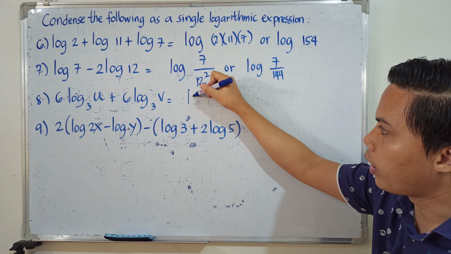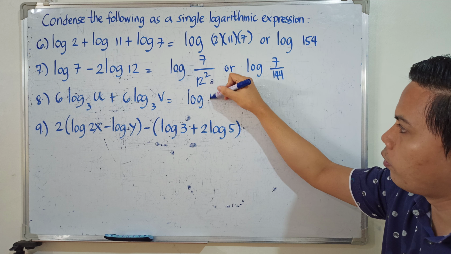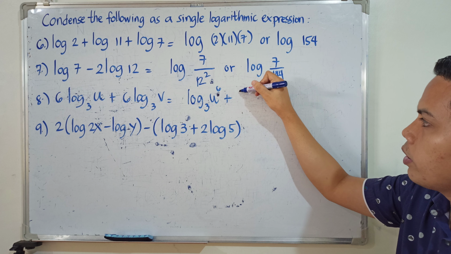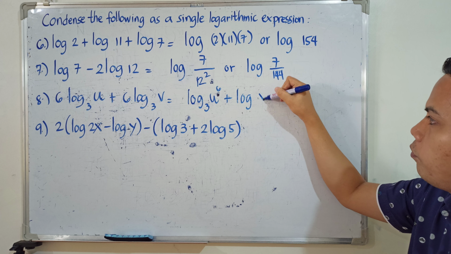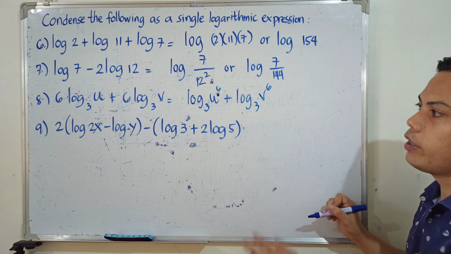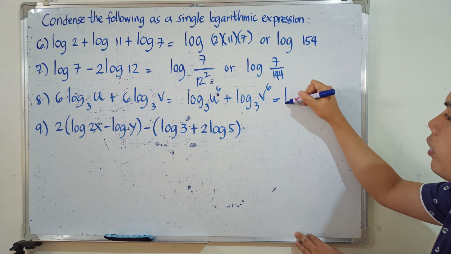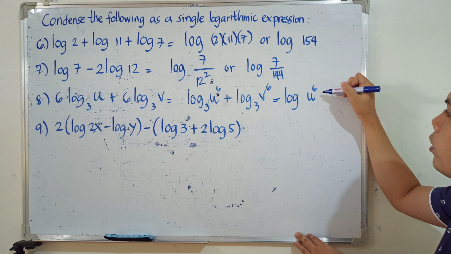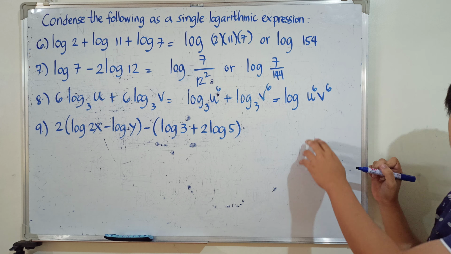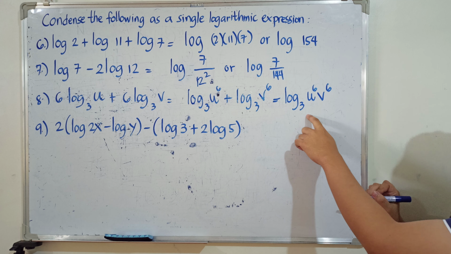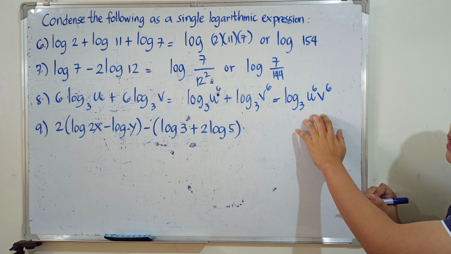So, lalagay muna natin the logarithm of u raised to 6 to the base 3 plus the logarithm of v raised to 6 to the base 3. Then after that one, we can simplify the logarithm of u raised to 6 times v raised to 6 to the base 3. Okay, so this would be our final answer.